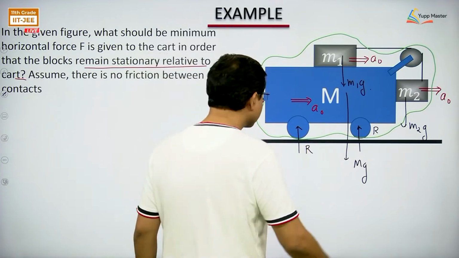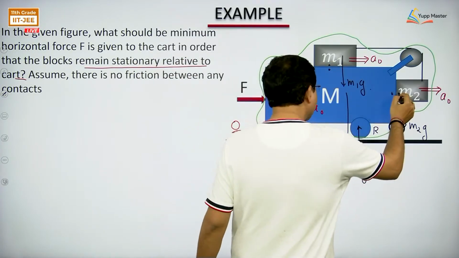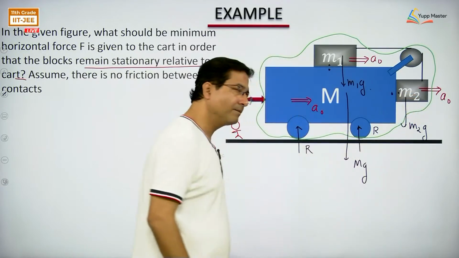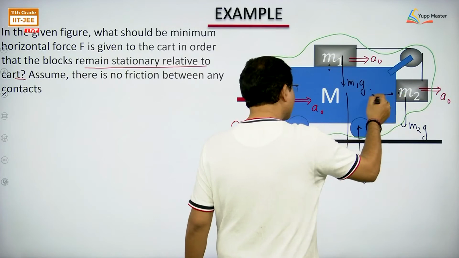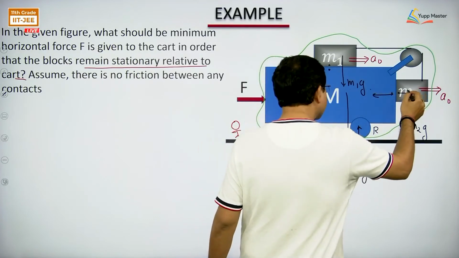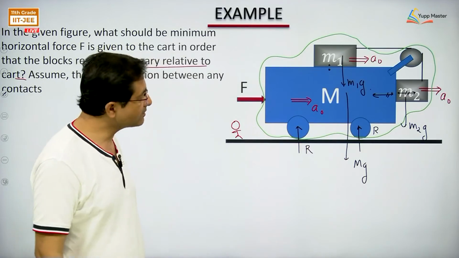There will be other forces like normal reaction here and here. On this system they will become internal, they will cancel each other. This block will exert a normal on this one and this block will exert a normal on this one, and they will cancel each other for this as one system.